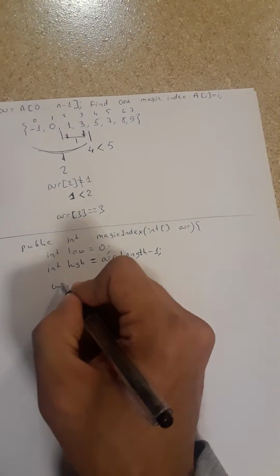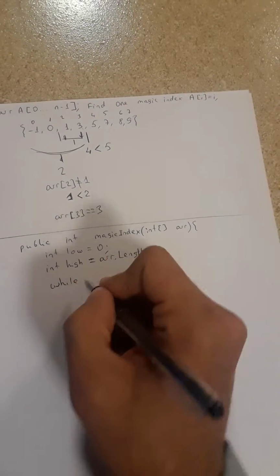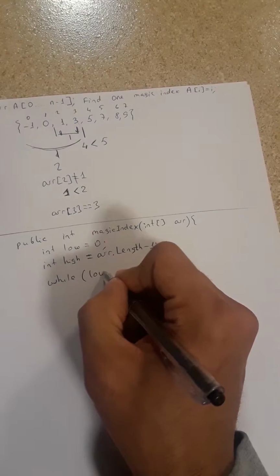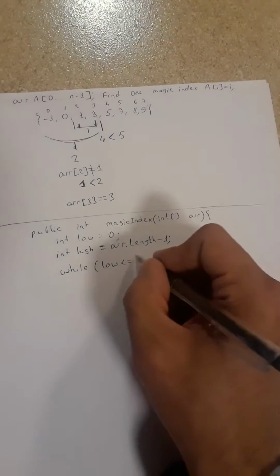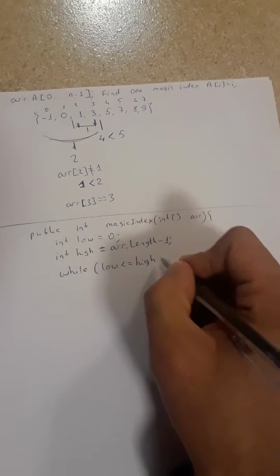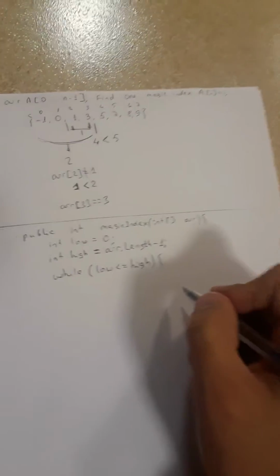And we will run our while loop until our low pointer is less than or equal to our highest pointer.